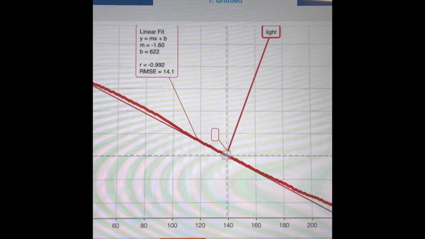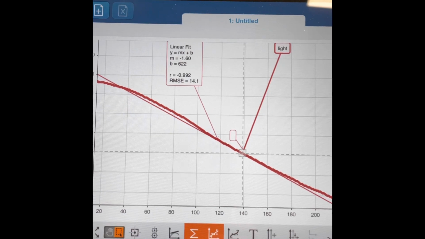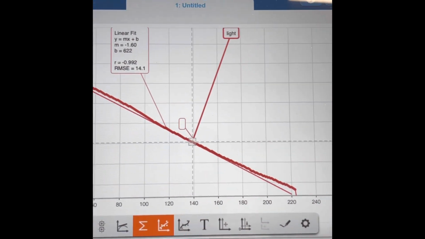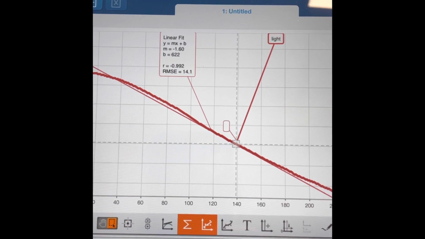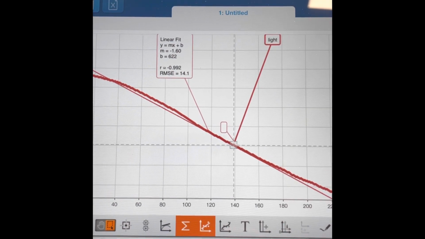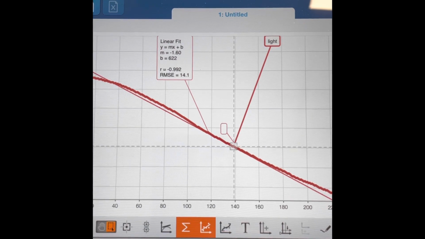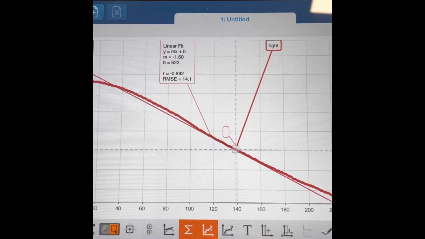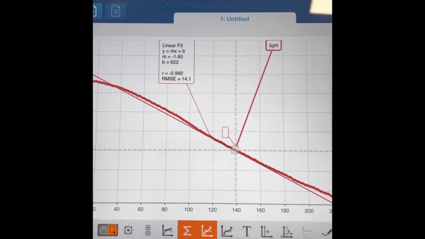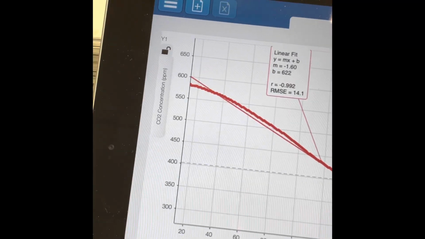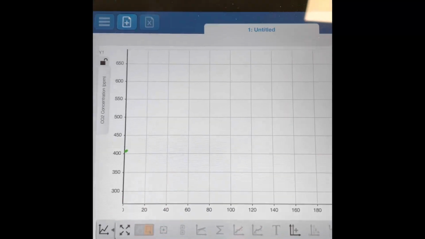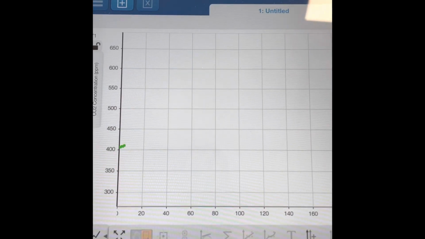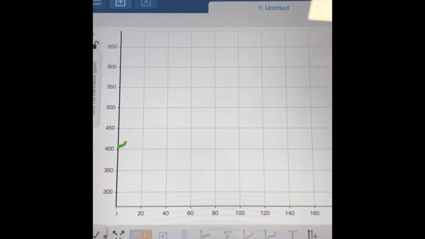Here's my run in the light. There's my slope over the course of, I don't know what that was, about 90 seconds. So let's start collecting. And there we are.